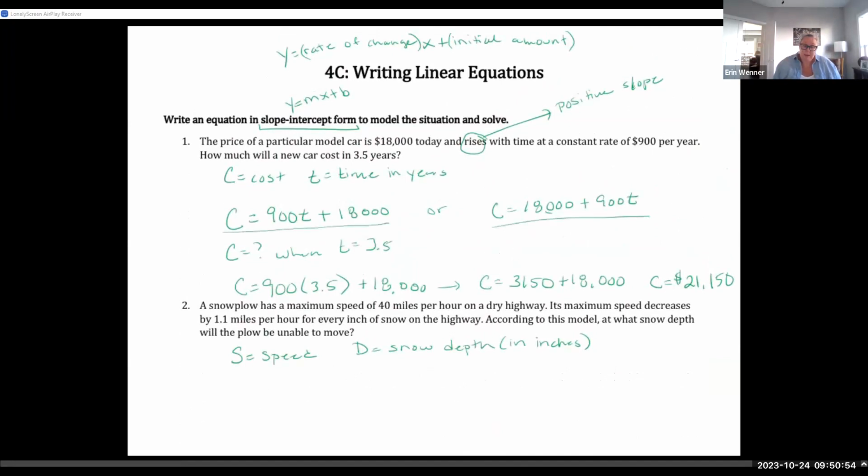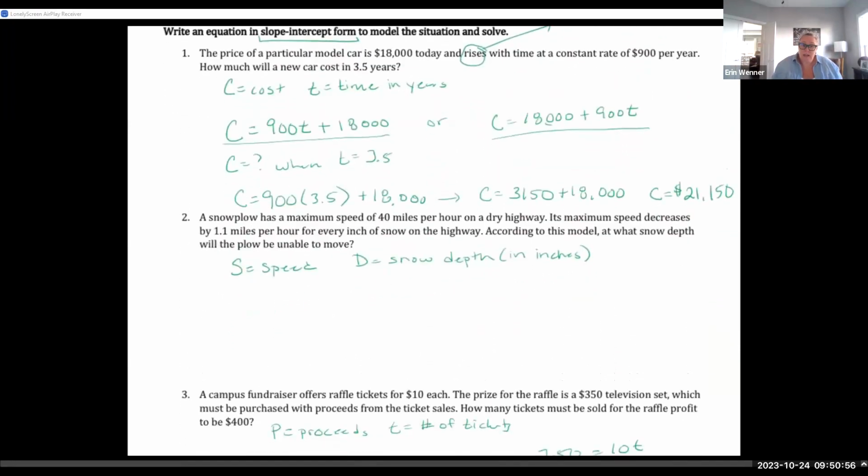This is one where it might make sense to you more to write it where you have your initial amount first. And so what I mean is that our speed is equal to our initial speed of 40 miles per hour, right? Minus 1.1 times D, because it's reducing by 1.1 miles per hour per inch of snow.